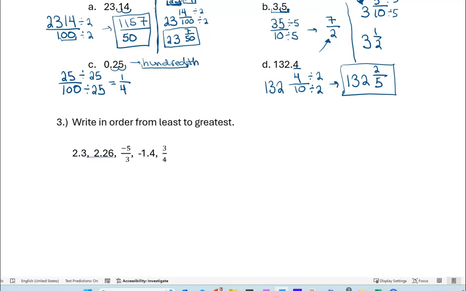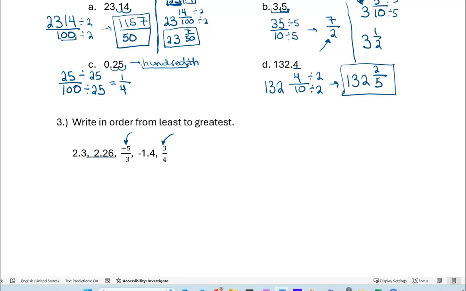I find that to be a less complex process because we are just dividing the numerator by the denominator. But if you want to convert the decimals to fractions, you can totally do that. In fact, whichever of those methods you're less comfortable with, those are the ones that I would use to convert these.